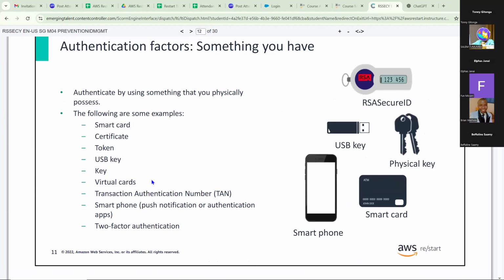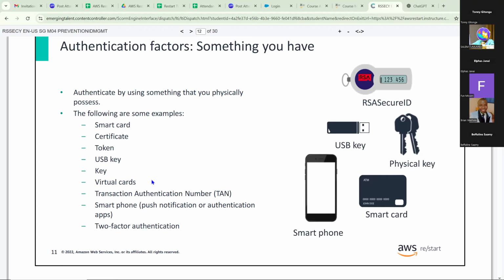Then next is about something that you have. This authenticates by using something that you physically possess. The things that you can physically possess include a USB key, an RSA SecurID, a smartphone, a smart card, or even physical keys.